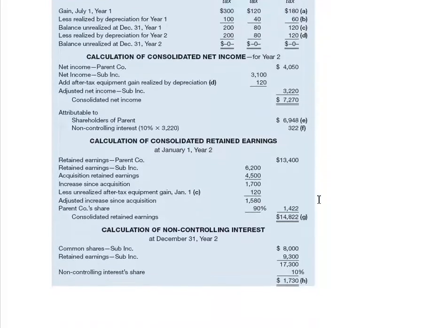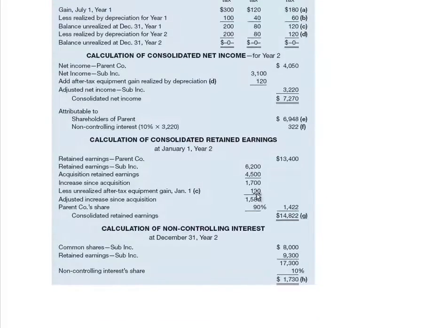Now, notice here that calculating our opening balance of consolidated retained earnings, we had in that opening balance, in that $6,200, it included $120 of the gain that the sub had at net.